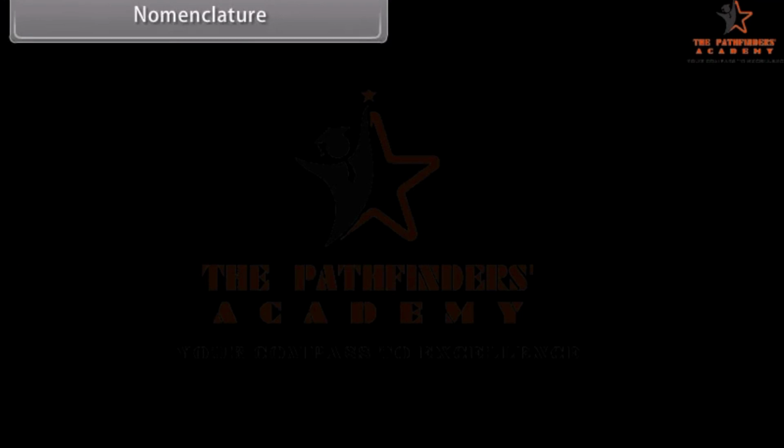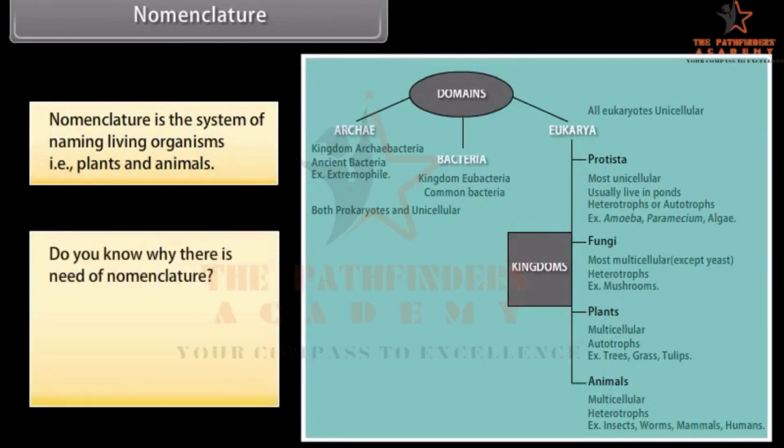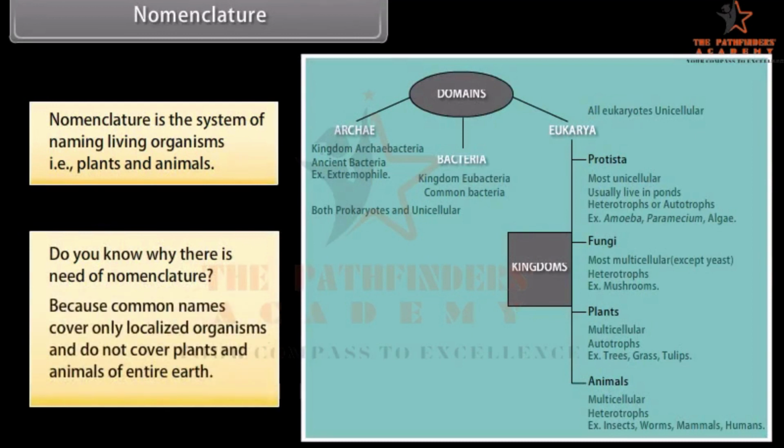Nomenclature. Nomenclature is the system of naming living organisms, that is, plants and animals. Do you know why there is a need for nomenclature? I will tell you. Common names cover only localized organisms and do not cover plants and animals of the entire earth.